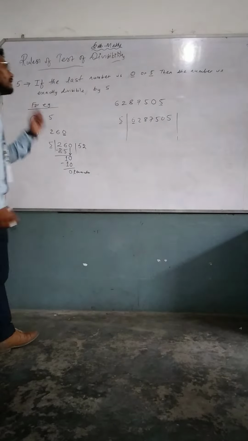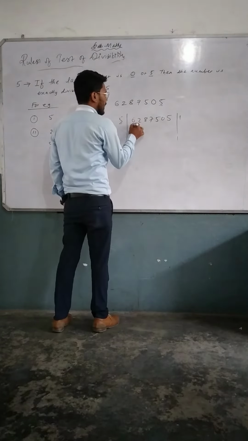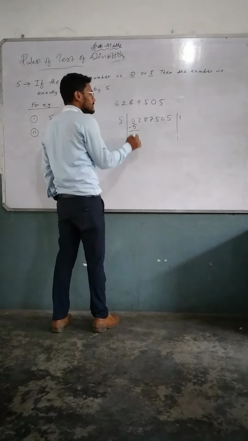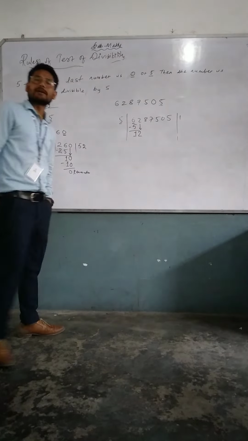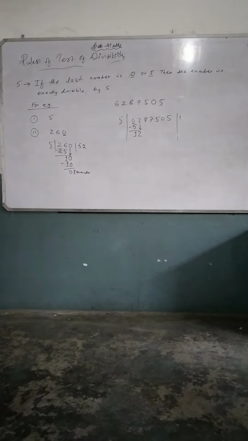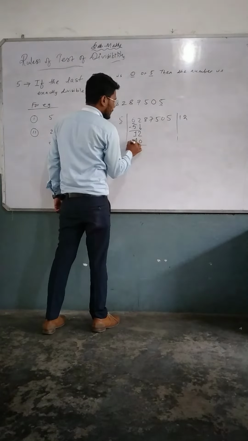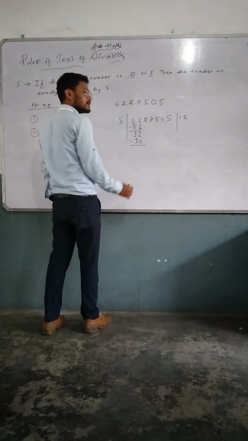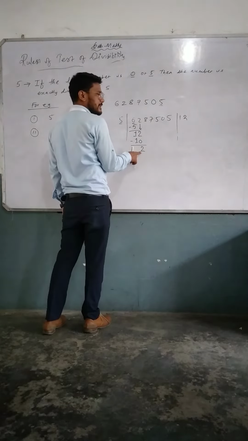Yes, 5. How many times? 5 1s are 5. 6 minus 5 is 1. Let us bring this number down. Now 12. In the table of 5, lesser than 12? 10. How many times? 2. 5 2s are 10 only, isn't it? Now 12 minus 10 is 2. It is not necessary to write the 0 if it is already there.